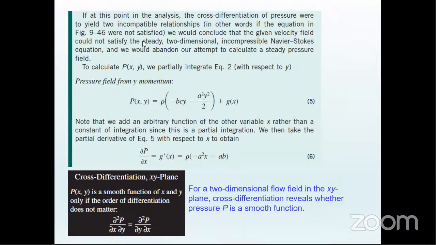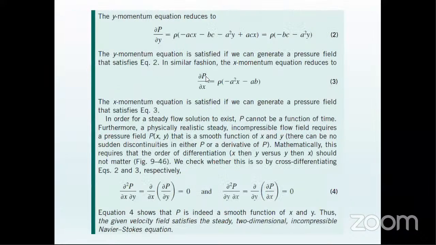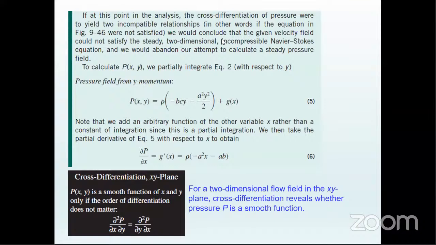If at this point in the analysis the cross differentiation of the pressure were to yield two incompatible relationships, in other words if equation 9.46, the basic equation we expected earlier, were not satisfied, we would conclude that the given velocity field could not satisfy the steady two-dimensional incompressible Navier-Stokes equation, and we would abandon our attempt to calculate the steady pressure.